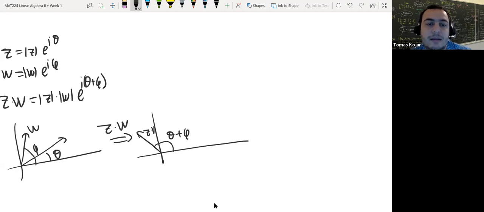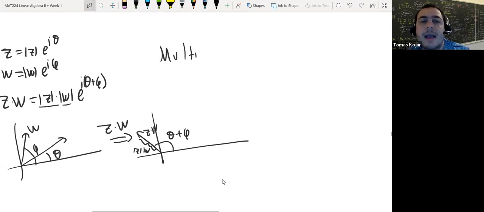So this will be zw, and the angle will also extend. Depending on whether the moduli are less than 1 or bigger than 1, if they're both bigger than 1, you can imagine this will grow a lot. Okay, so multiplication is adding of angles.